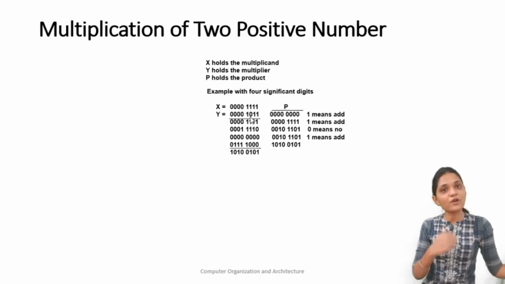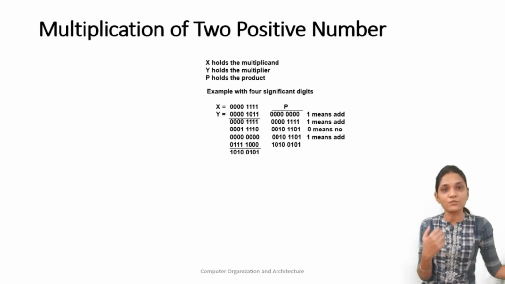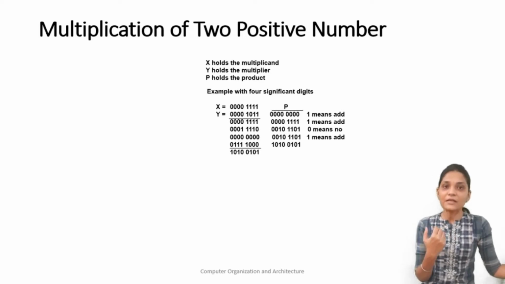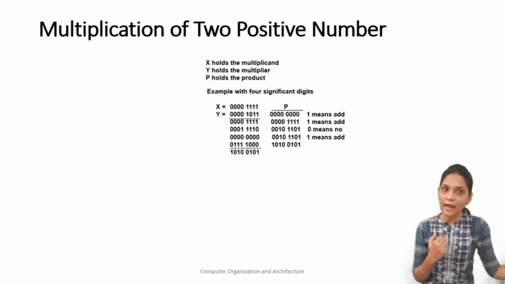That shifting is required for the next time, because for this one you will require the 3 times shifted version of x. But if you have not shifted in the previous case where you have 0, then you would have to shift this 2 times, and you can't do that. So every time you will shift this number. If it is 0, then you will not do addition. If it is 1, you will do the addition.